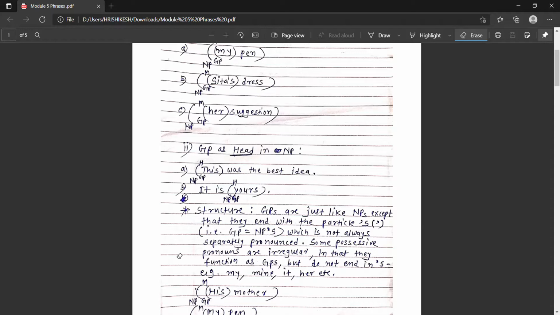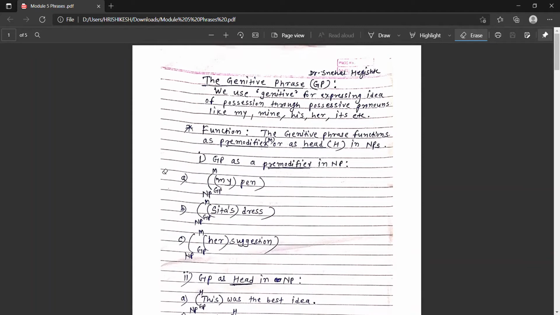Two examples we have discussed: this was the best idea, and it is yours. Again, keep in mind, genitive phrase denotes possession. We use genitive words expressing the idea of possession. Possession चा अर्थ काय आहे? मालकी असणे. माझ्या मालकीचं आहे. My, mine, his, her.